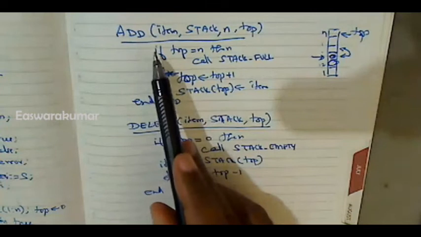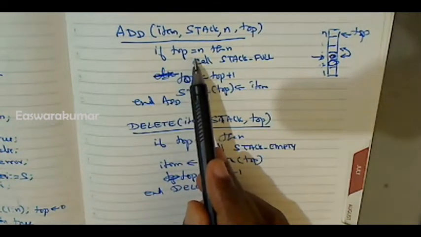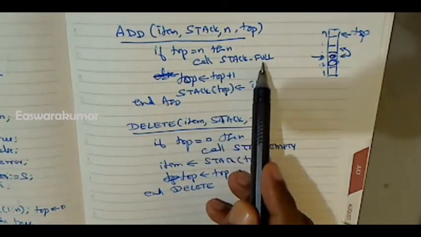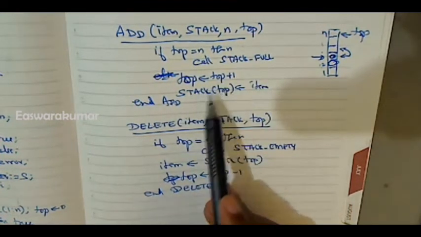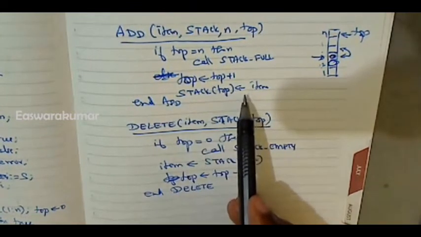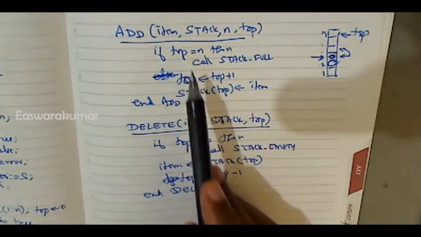However, when you take the add, there are several things. There is one comparison here. Then if it satisfies, this return will be there. Or one assignment statement, then again one assignment statement, like that. So if you take the add function, this is 1 unit, this 1 unit, this 1 unit.